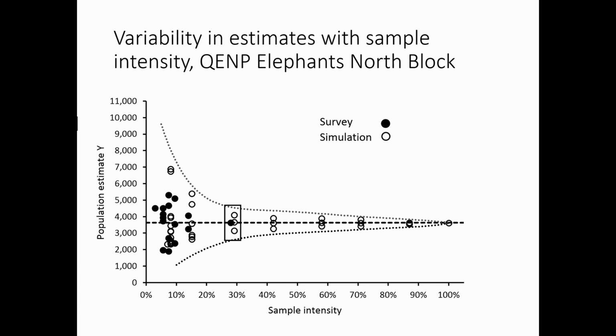And what we will find is that if we take, for example, a 10% survey, which might be about 5-kilometer transect spacing, absolutely standard for a systematic reconnaissance flight, we get elephant estimates ranging from 2,000 up to 7,000. So we've done the flying, we spent the money, and we have an estimate of 2,000. Last time it was flown, it was an estimate of 5,000. Is that a decline, or is that just due to sampling error?